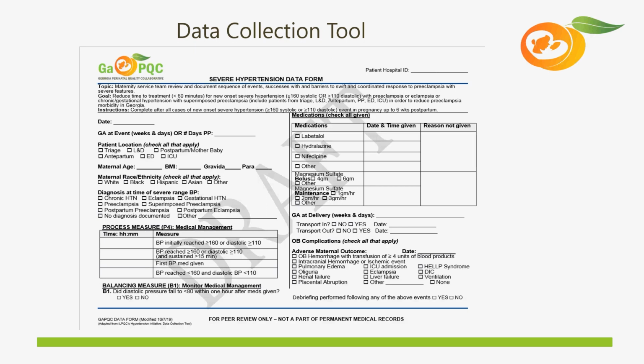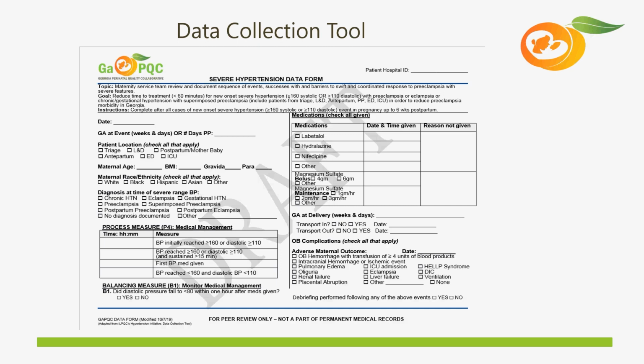Okay, so some of you may recall from the session two months ago, we started talking about a data collection tool in preparation for collecting data for the P4 measure, which is time to treatment. On screen, you can see a data collection tool adopted from the Illinois Severe Hypertension Initiative.